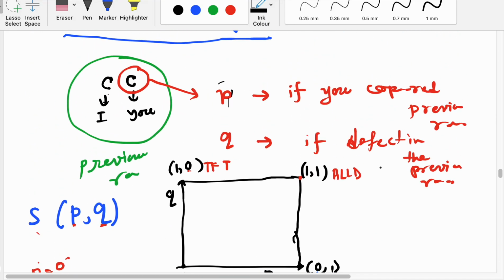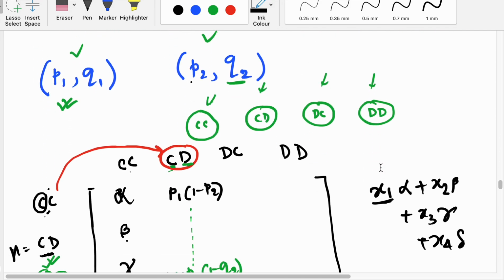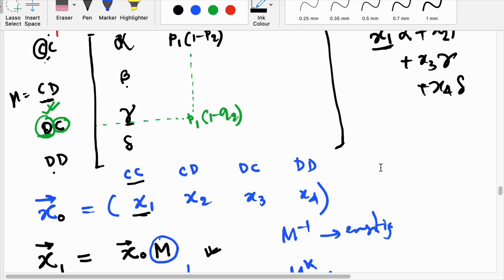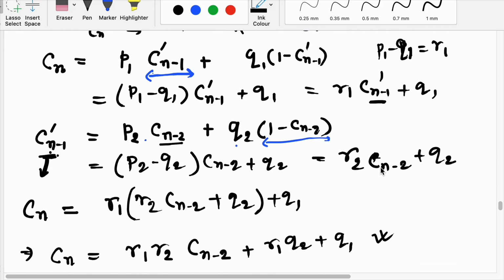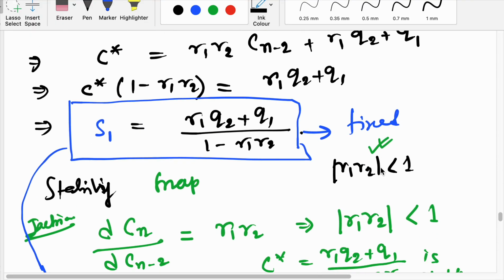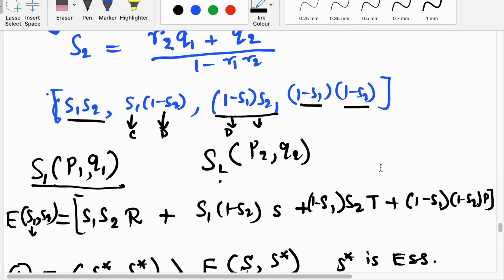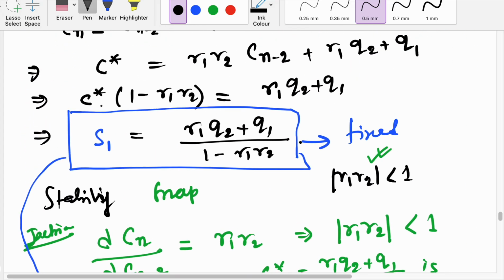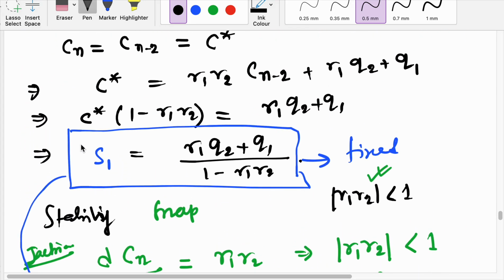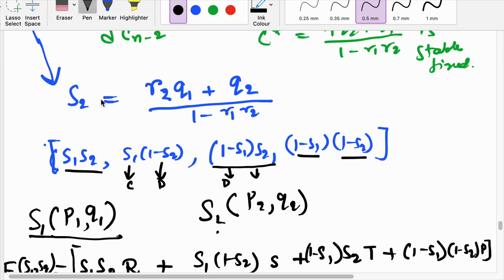After introducing the reactive strategy, we calculated the stationary state, that is, the cooperation probabilities and the average payoff we both get. We calculated the stationary cooperation probability of the first player, S1, and of the second player, S2.